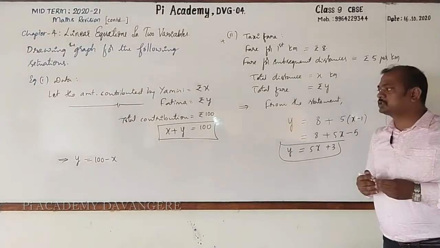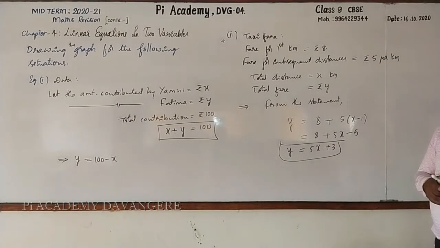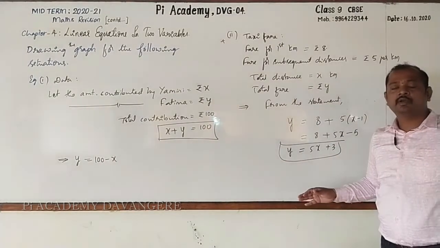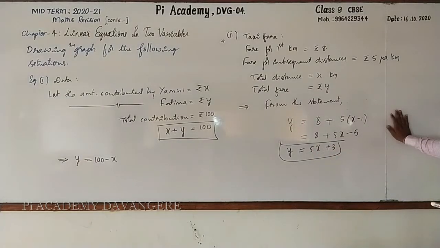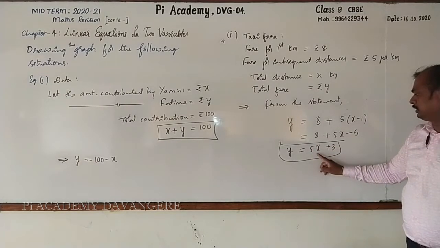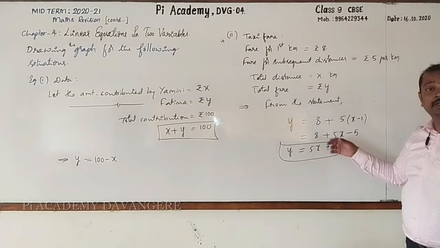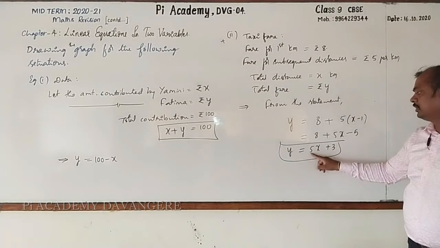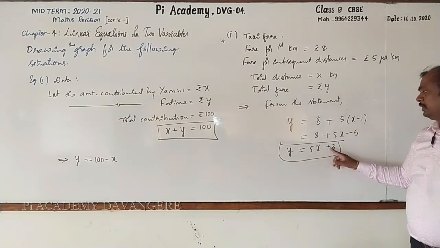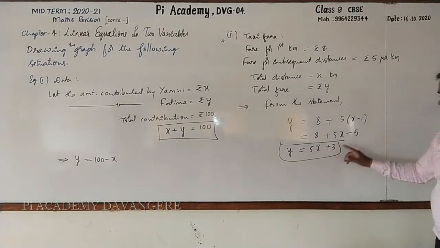And for this equation, first you have to find out coordinate points. How do you find out the coordinate points? Look here. It is better to take the table of 5. It will be easier. When x is 5, 5 5s are 25. 25 plus 3, 28.